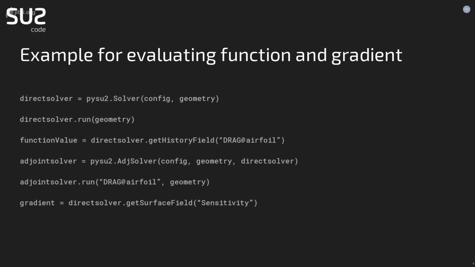For instance, the things we do with grouping some control points of the FFD to control, I don't know, camber or whatever. That's something that can possibly be more easily done in Python than having to code all this functionality in C++ and then expose it to the configuration.